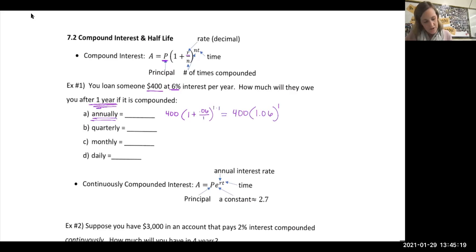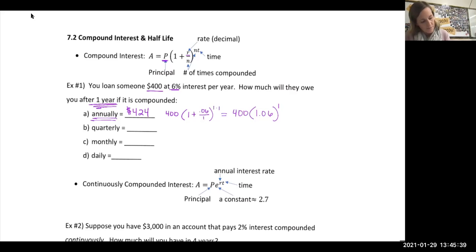When you plug that into your calculator, you get $424. So if you loaned someone $400 and they're paying you back at 6% compounded annually, after a year, you would have made $24 off of that, right? They paid you back 424 instead of the 400 they borrowed.